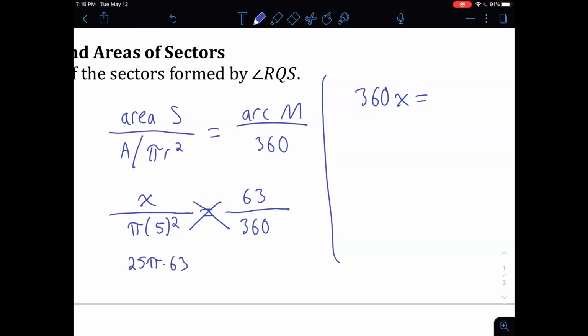Okay, that'll make things a lot easier. Or you could also do 5 squared times pi times 63. Either of those would totally work. And then when we do that, we should get approximately 4,948.